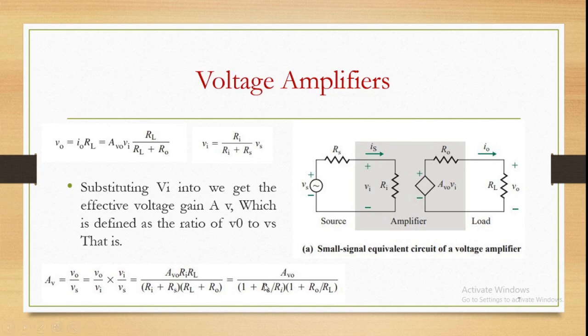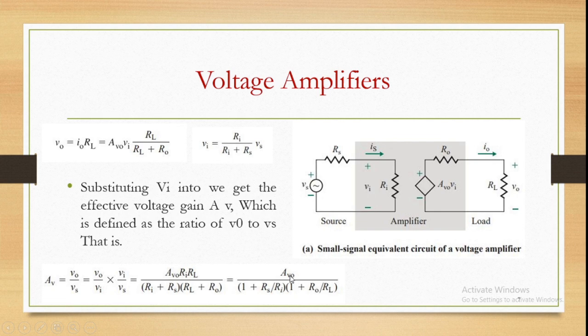We have the option to take common factors outside from this equation. If we take Ri common, Ri will get cancelled, so we have 1 plus Rs upon Ri. If we take RL outside as a common factor, 1 plus R0 divided by RL will be inside, and this RL in the numerator will cancel with the common factor taken out of this bracket.